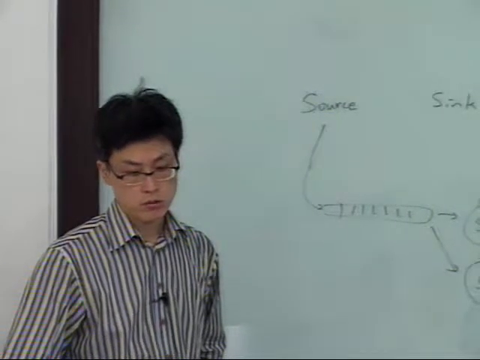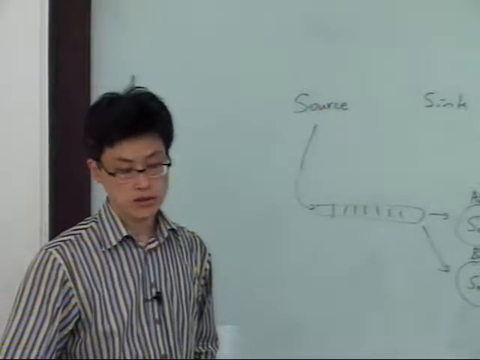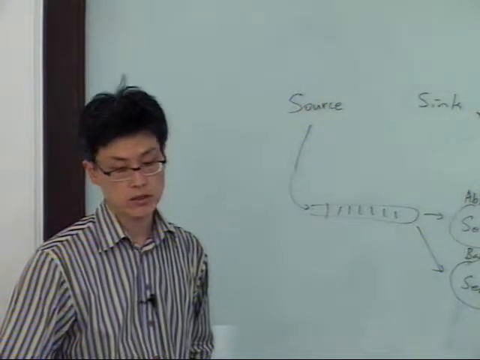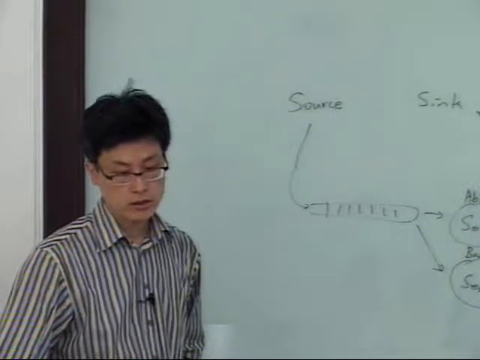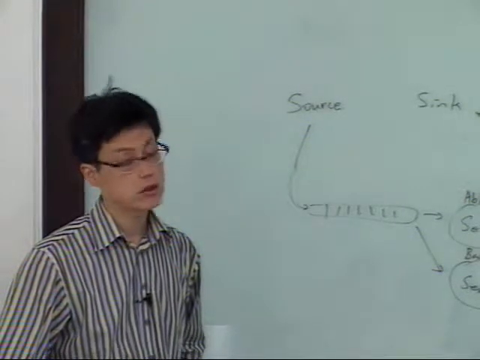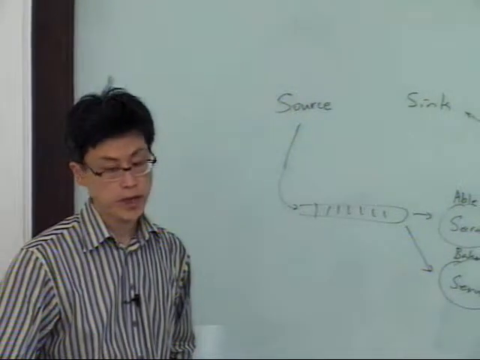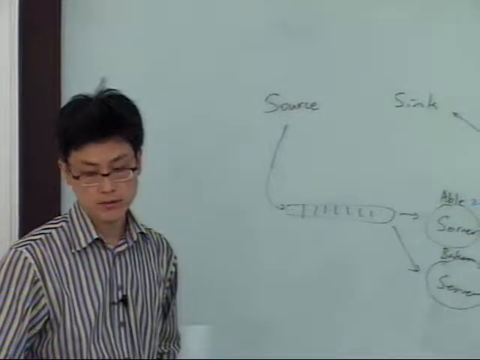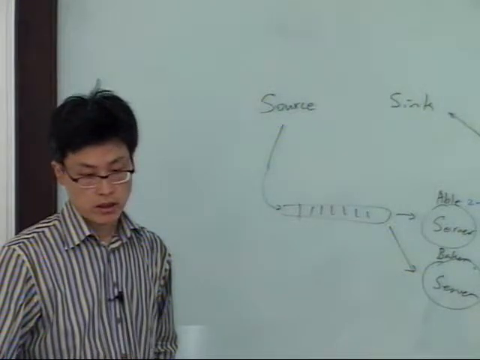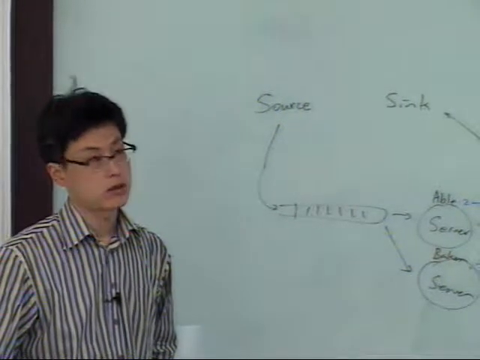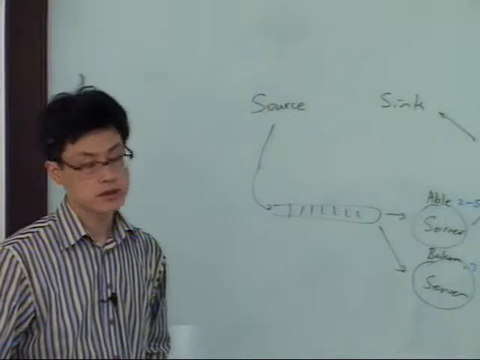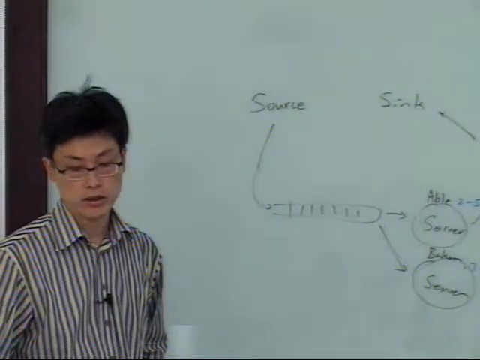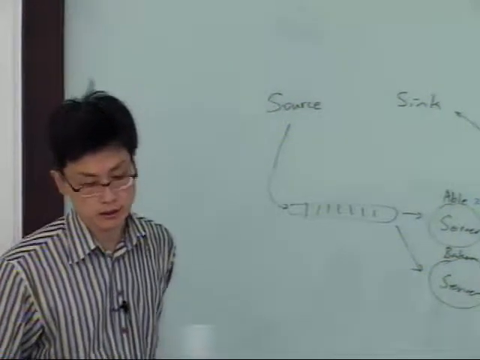So 92 means 5 minutes of service time, and arrival time 10 is the beginning time, so at 15 it will be done. But the next customer arrives at 12, so Able is busy at the time, so it is automatically assigned to Baker. Okay, and 89 is Baker's 6 minutes, so 12 start time, 6 service time, and 18 will be the service end time.